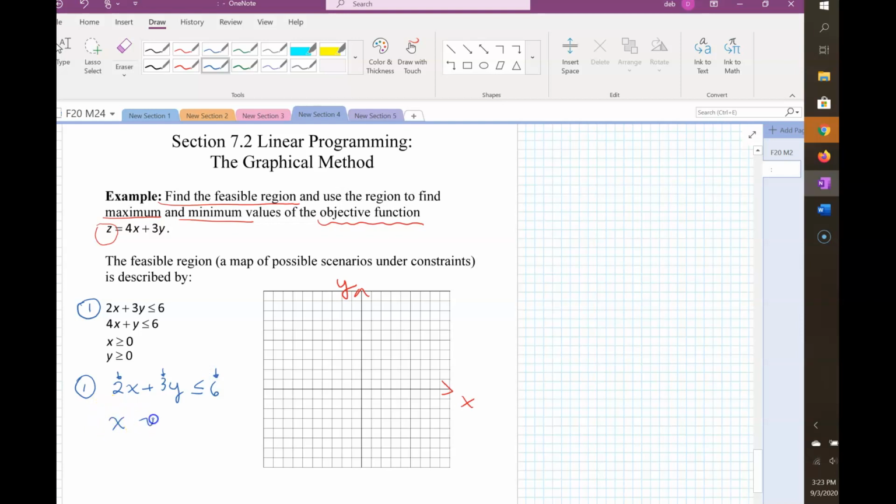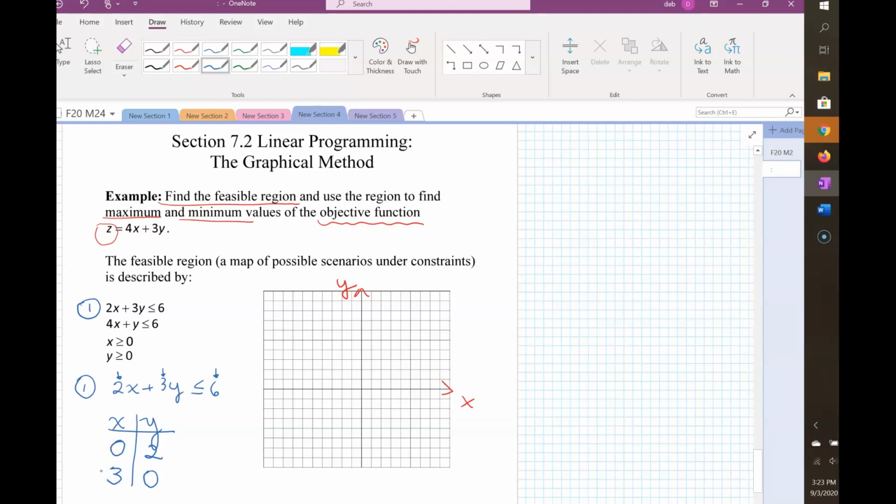So when I'm using the intercept method, I make a little table and I say when x is 0, then I can see that y must be 2. And when y is 0, x must be 3.